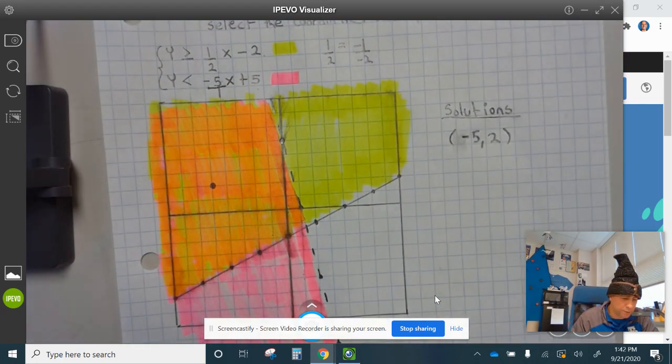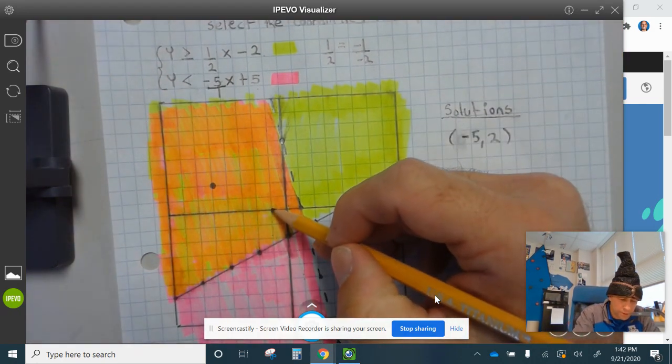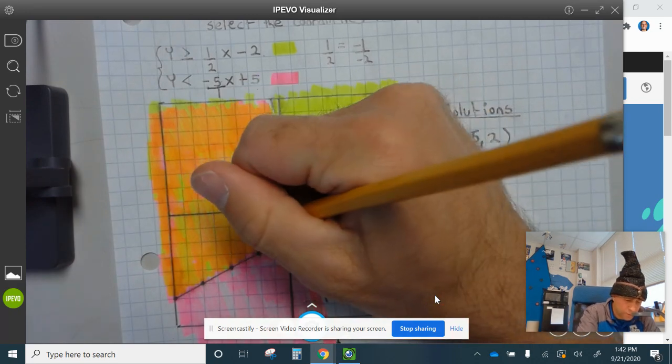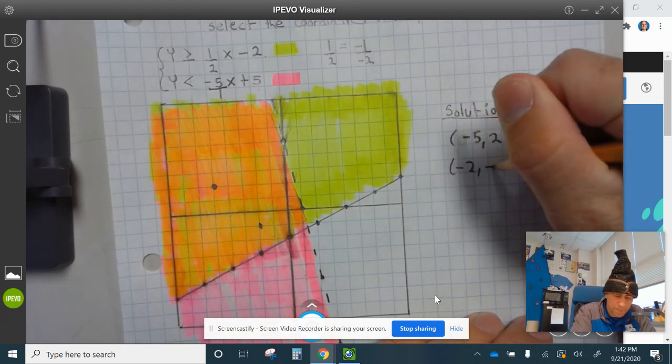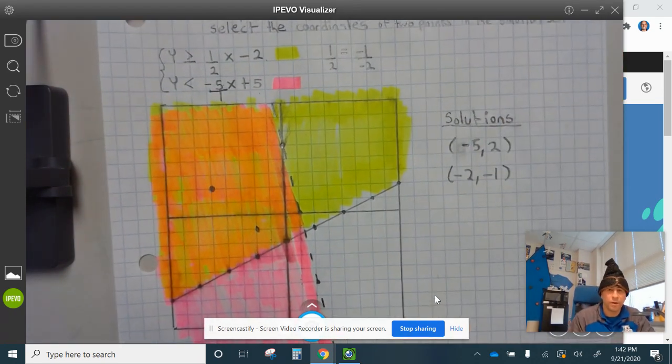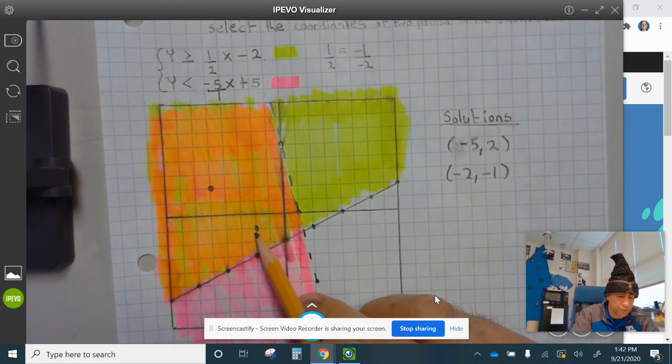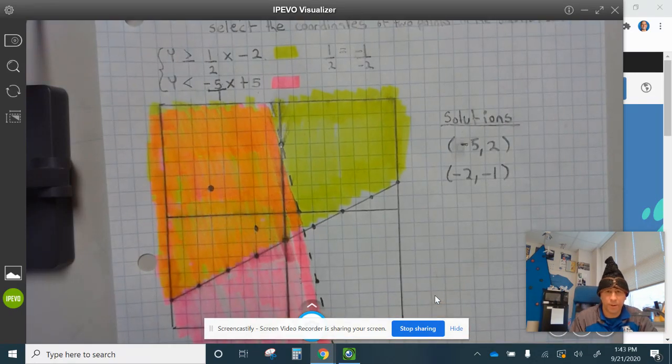We can go here, (-2, -1) is another one. And you can keep going, but really I just wanted to show you 2 examples of solutions in the shaded region.